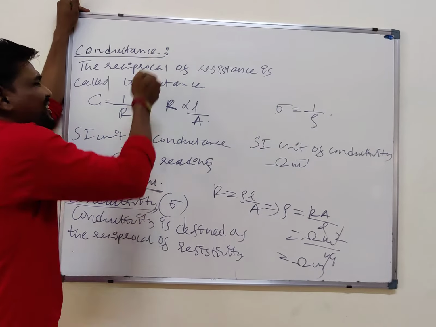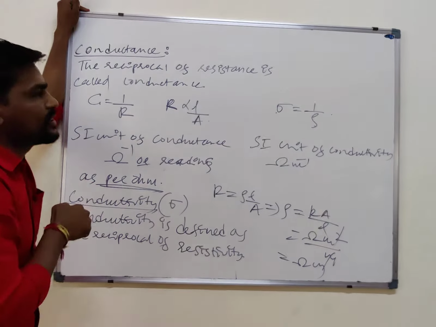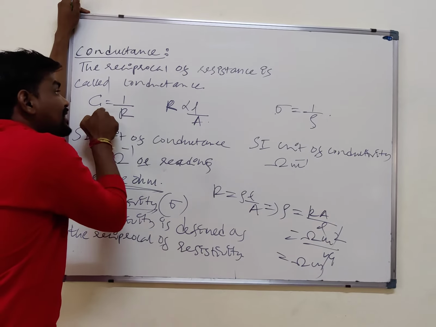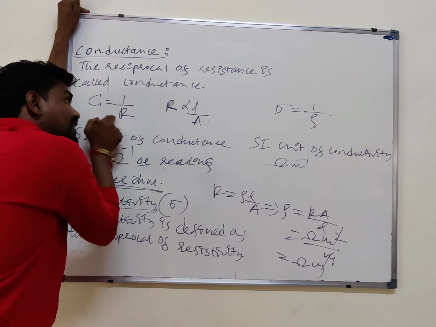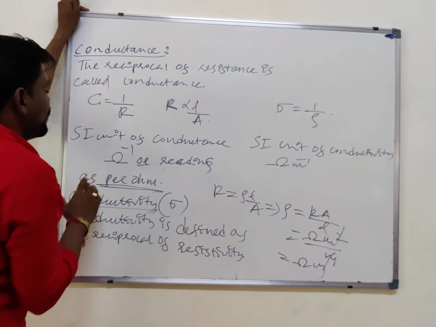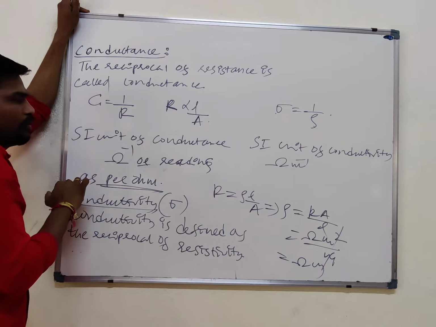Once again, the reciprocal of resistance is called conductance, so C is equal to 1 by R. Conductance and conductivity are different. The SI unit of conductance is per ohm.